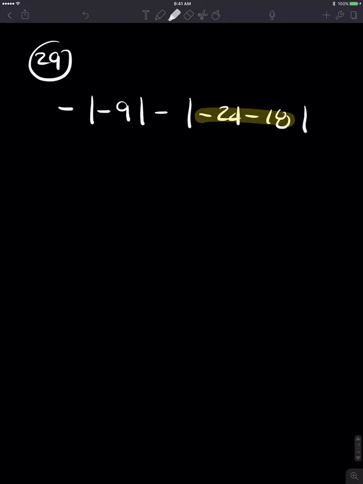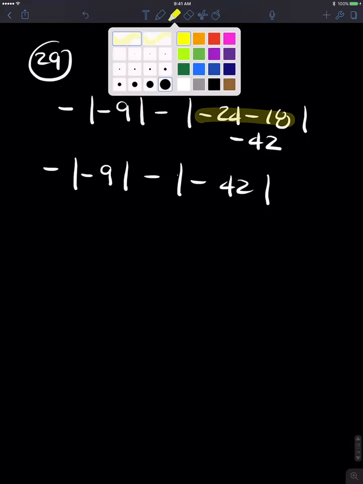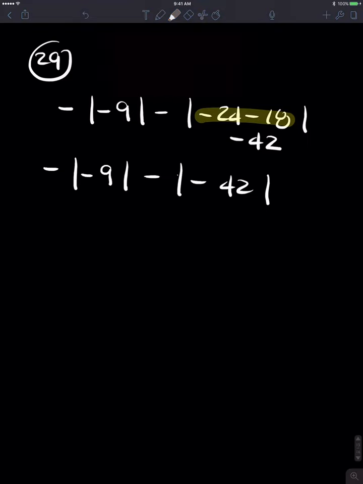I'm going to have to evaluate this because I can only take the absolute value of a number. -24 minus 18 is -42. I now have two absolute values to determine.